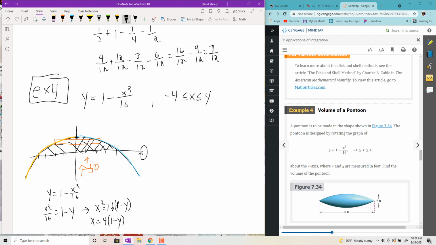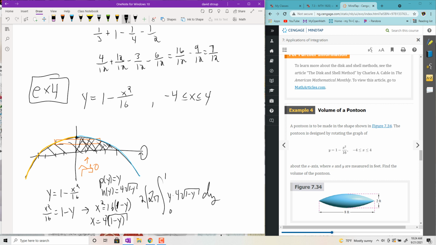But you could just use the plus version, the blue version, and then say my radius function is y, my height function will be 4 times the square root of 1 minus y, and then go 2 pi integral from 0 to 1, and then you have to multiply it by 2, because I've assumed I'm only getting this one region rotated. But if you multiply that volume by 2, you'll get the whole pontoon. So 2 times 2 pi times y times 4 times the square root of 1 minus y dy.